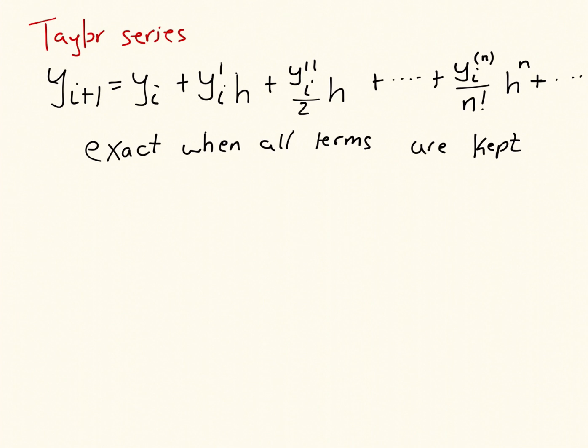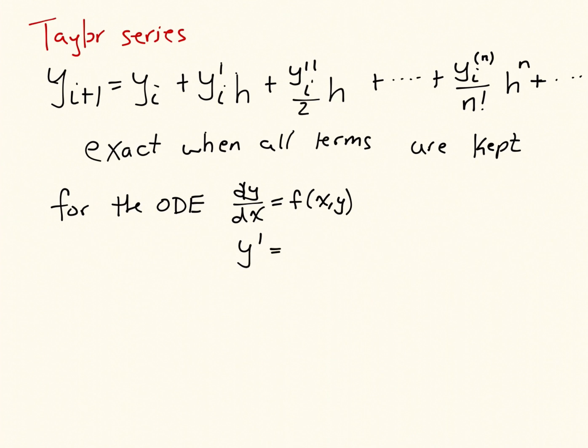So let's compare the Taylor series to Euler's method. For the ODE written as dy/dx equals f of x comma y, which is the ODE that we solved when we were coming up with Euler's method, we can write this as y prime is equal to f of x comma y.